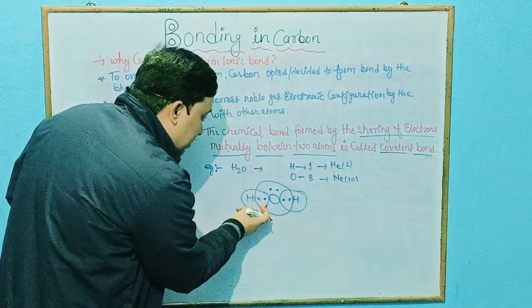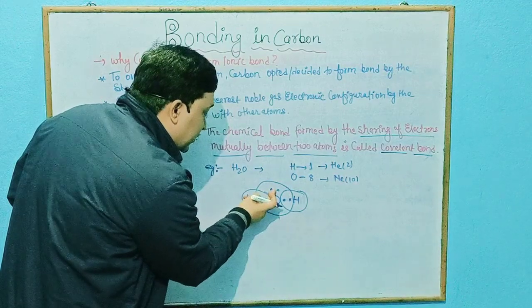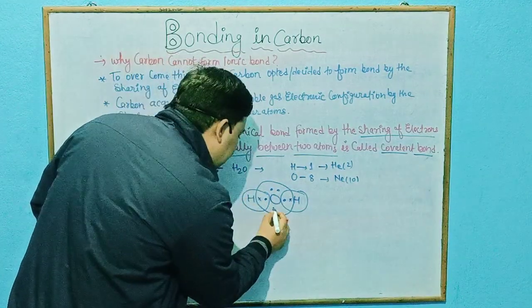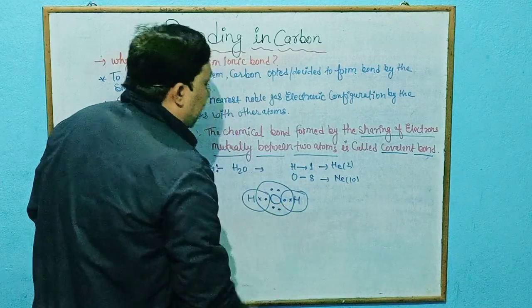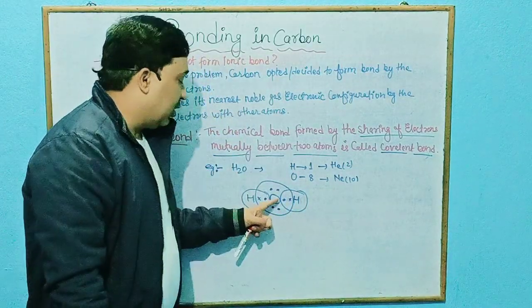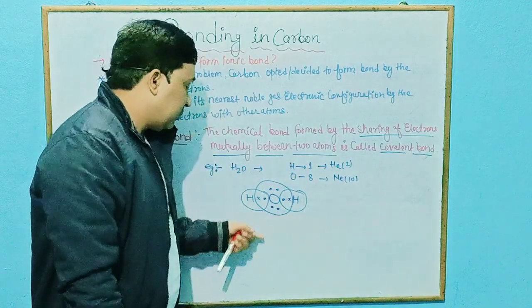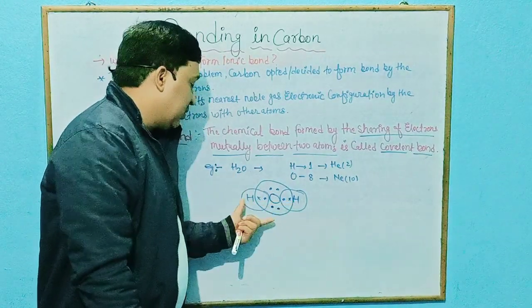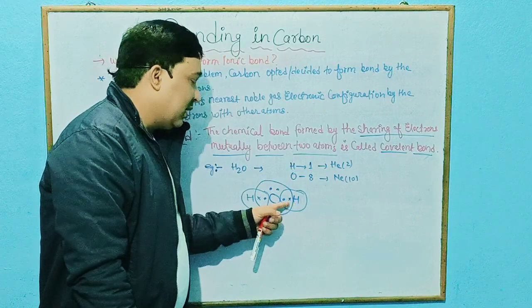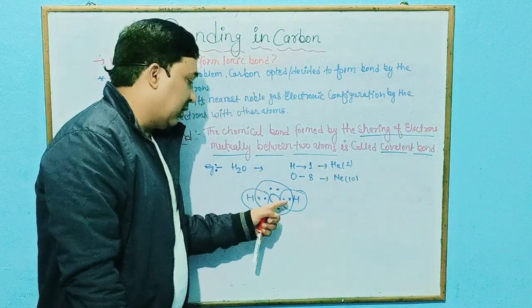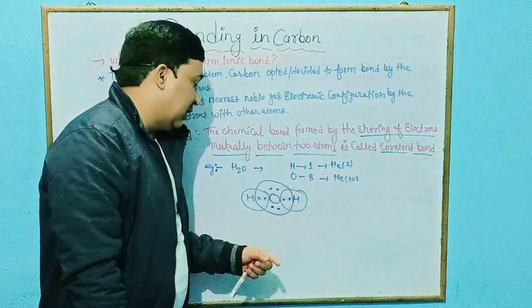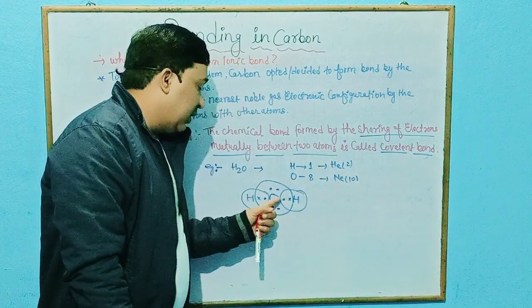So in this way, oxygen has completed 2, 4, and 8. It has completed its octet, right, by sharing one electron from each hydrogen atom, and hydrogen has completed its duplet, that is the nearest noble gas configuration, by sharing one electron.